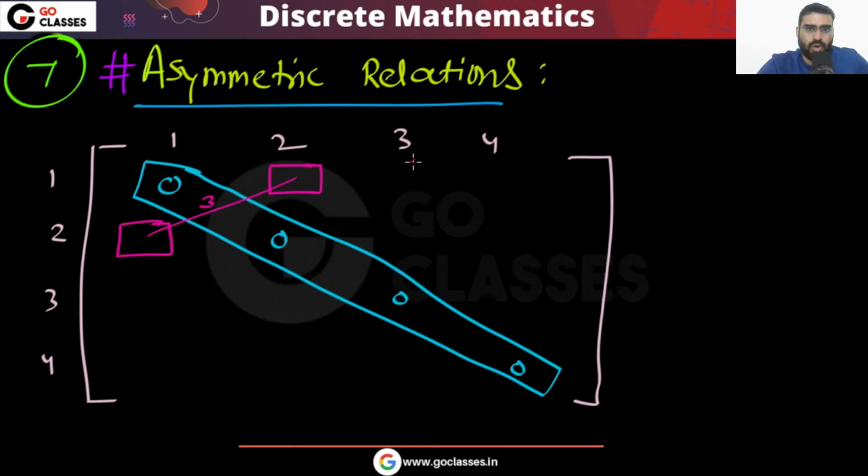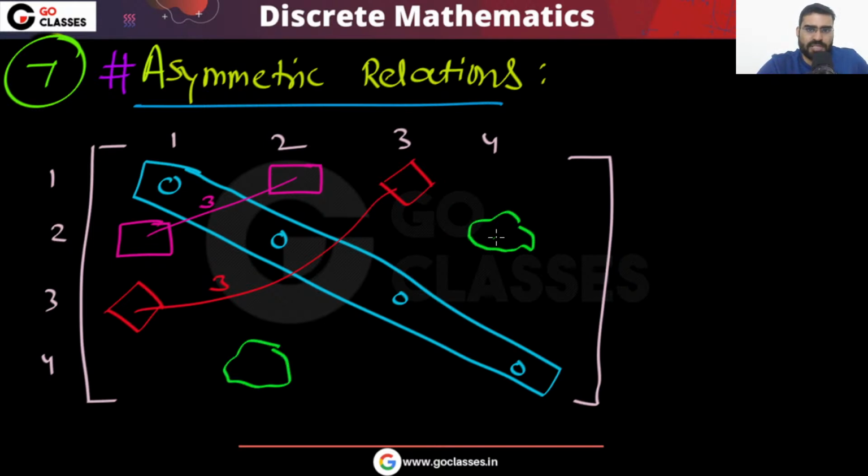Similarly, this combination will have 3 choices. Similarly, if you take 2, 4 or 4, 2, this combination has 3 choices, and this also has 3 choices.